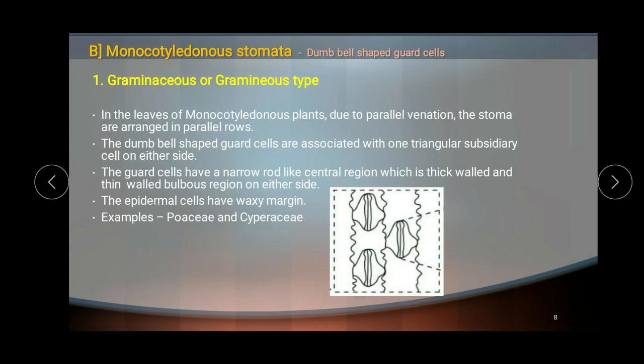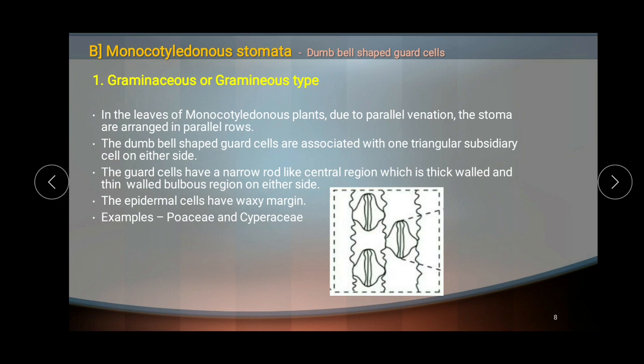Now from the second type, that is monocotyledonous stomata, there is only one type, that is the graminaceous or gramineous type. You all know that in monocotyledonous stomata, the guard cells are dumbbell shaped. That means they have the bulbous end and the central rod-like structure is present.